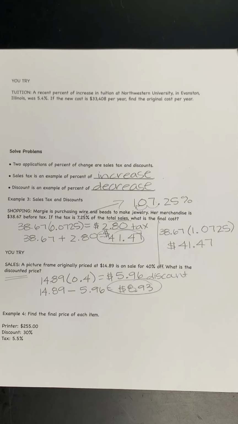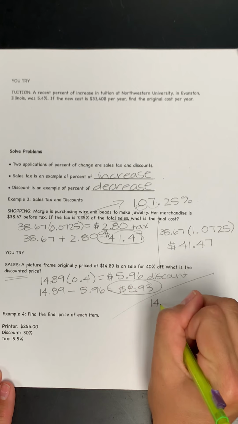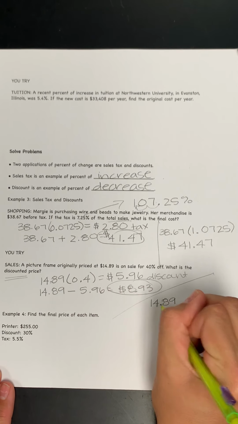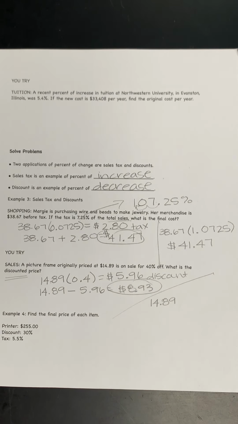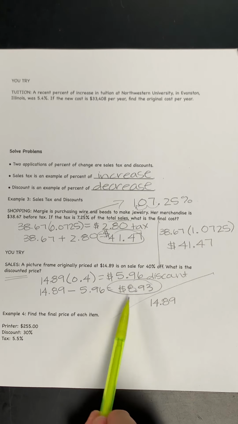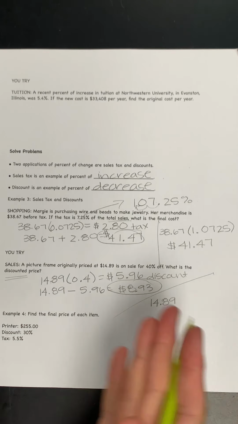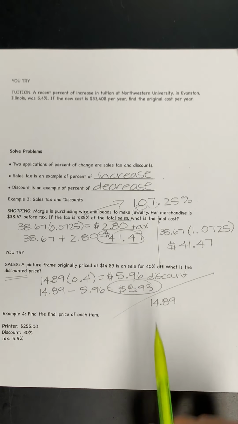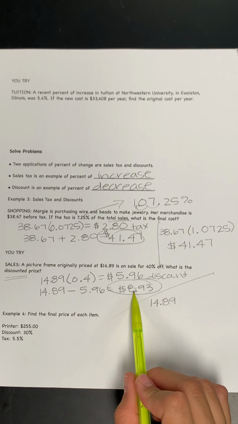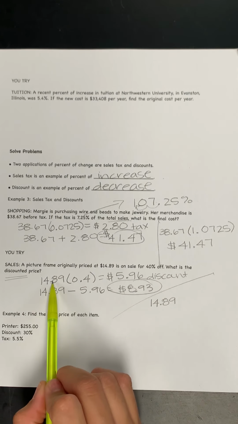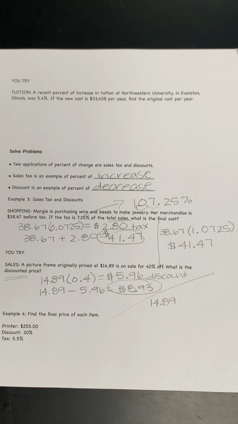Another strategy, just like we did up here, is you could do $14.89. And because it's a 40% discount, what that means is this $8.93 that we originally got from the first time we did it, this is actually 60% of this amount, okay?